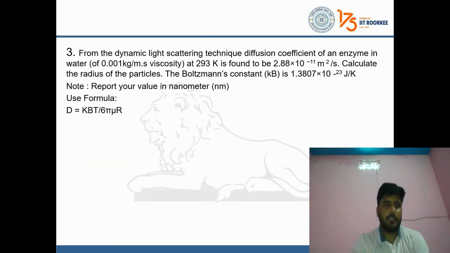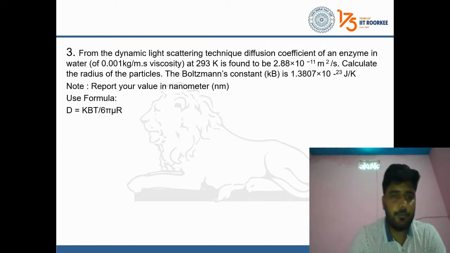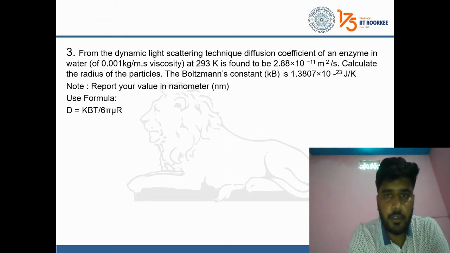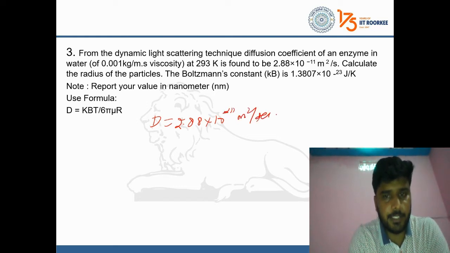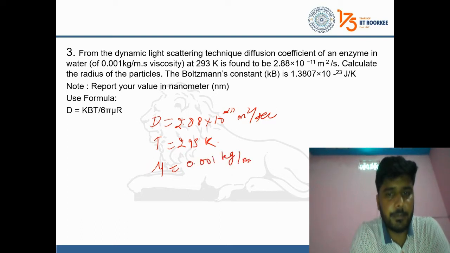The third question it is from the dynamic light scattering technique. So what is given here? Just diffusion coefficient. Okay. So D equal to 2.88 10 raised to minus 11 meter square per second, and your temperature value is 293 Kelvin, and your viscosity is given 0.001 kg per meter per second.